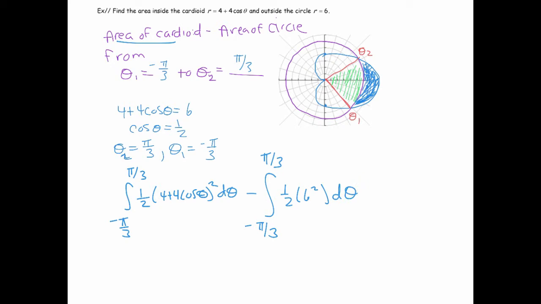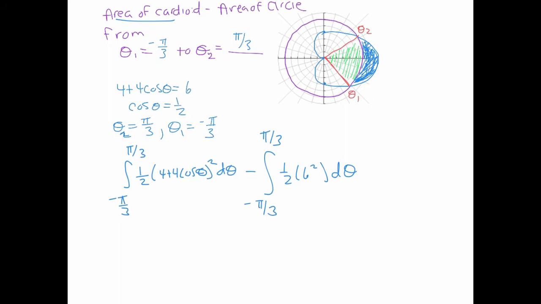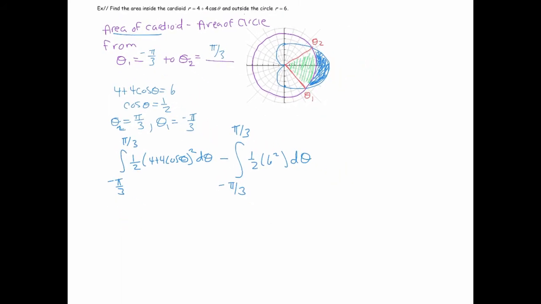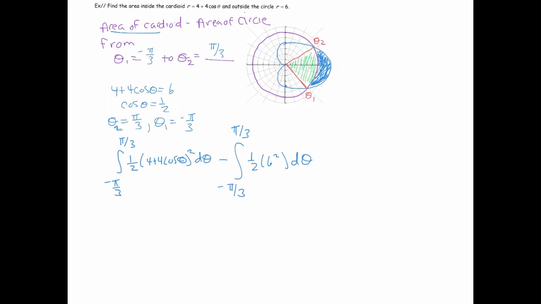And that expression will do it. Now, if you wanted to do this in one integral rather than two, that leads to the formula I'm going to show you on the next page. But as one integral, because of the properties of integrals, you could factor out the 1/2 because it's present in both: 4 plus 4 cosine theta squared minus 6 squared d theta. And that would give it.